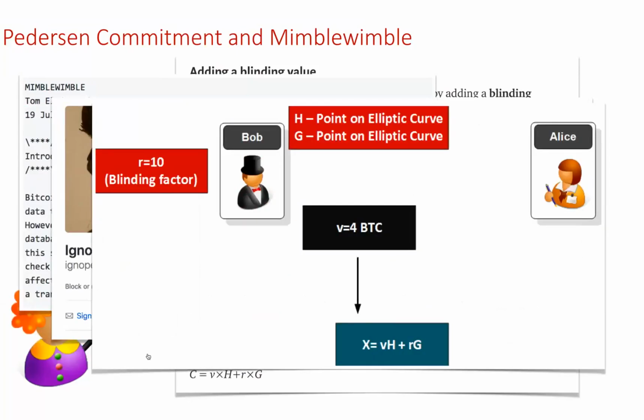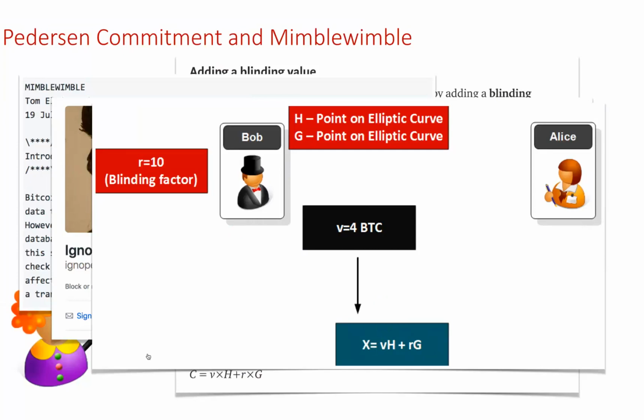So basically what happens, we take our blending factor, we take 4 Bitcoins, and then, as we saw before, we commit that value here for our purchase, but then we add in the blending factor, and it's impossible for somebody to see what the value is that we've actually committed to for the transaction until we reveal the blending factor.